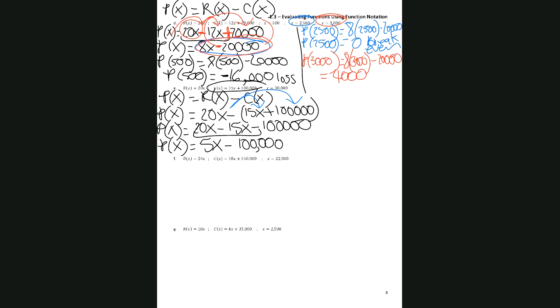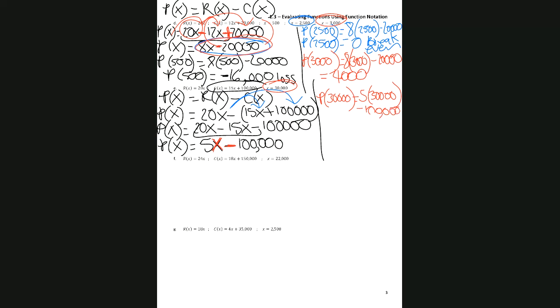So if we want to answer the question, which is find the profit for 30,000 items, so right here where this x is located, we will be replacing that. So it will be 5 times 30,000. And then, of course, this minus 100,000.